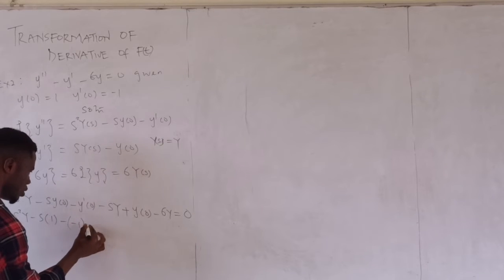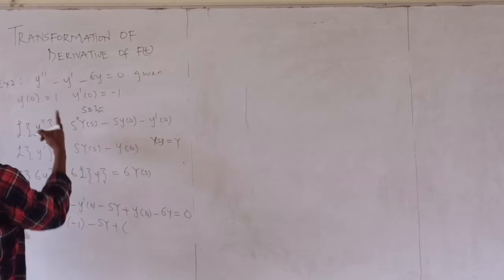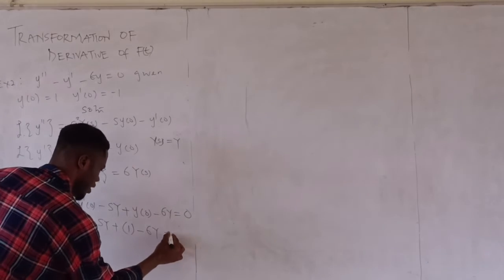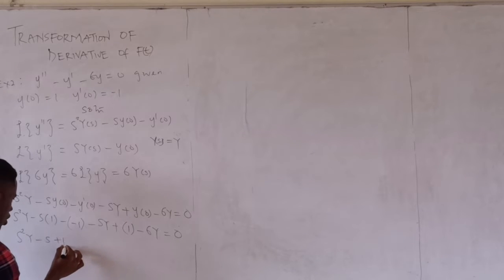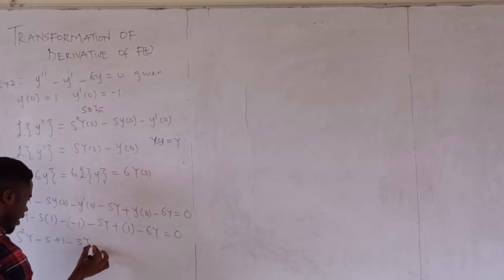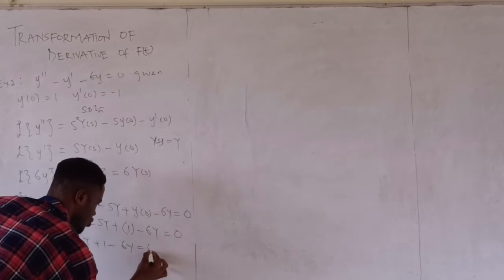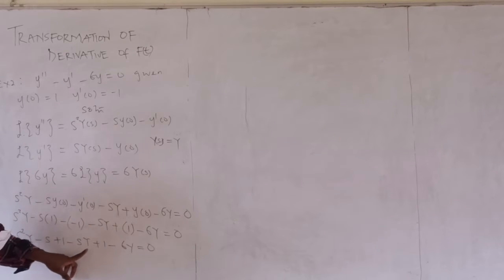So minus 1 minus sy plus, what is y of 0? 1 minus 6y is equal to 0. Alright, so we have s squared of y minus s plus 1 minus s of y plus 1 minus 6y is equal to 0.